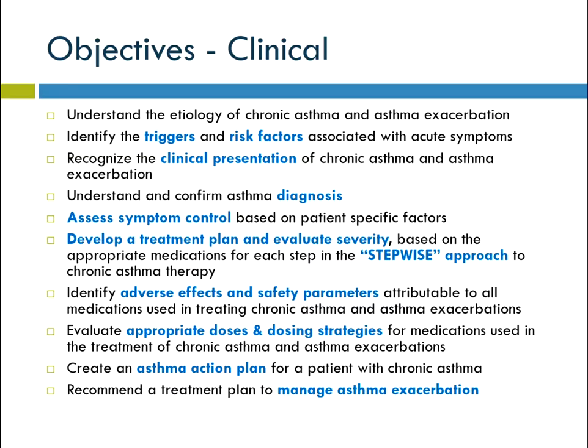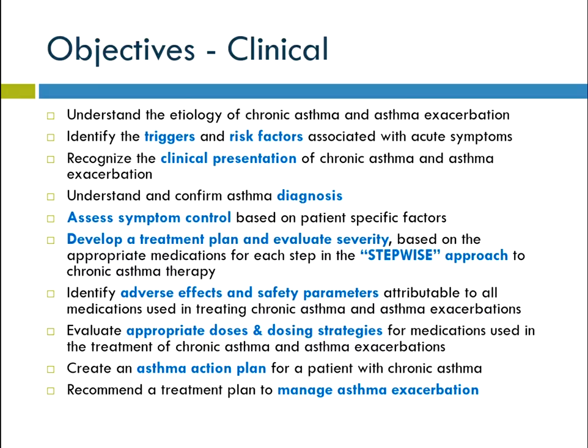Making sure that you can recognize the clinical presentation of chronic asthma as well as the exacerbations, being able to confirm an asthma diagnosis. So we'll talk about that to an extent today. Assessing symptom control based on patient-specific factors. So how can we better control a patient's asthma based on how they present to us at the time?